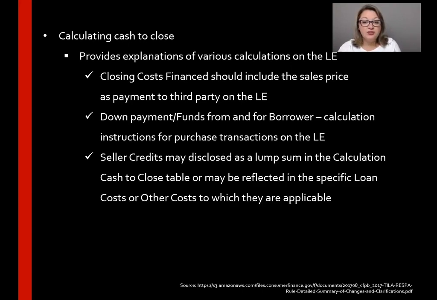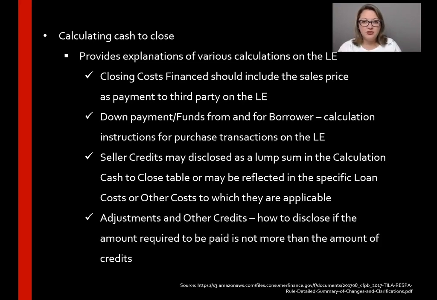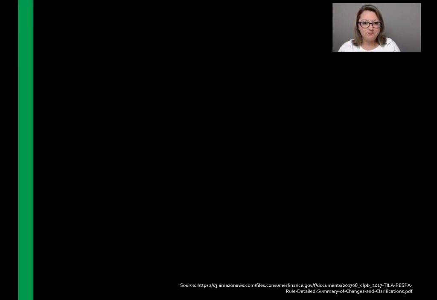When it comes to seller credits, those still may be disclosed as a lump sum in the calculating cash to close table, or they may be reflected in specific loan costs or other costs to which they are applicable. So again, they're just giving more clarification. They also talk about adjustments and other credits on the loan estimate, how to disclose if the amount required to be paid is more than the amount of the credits.